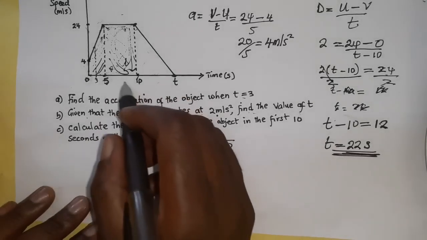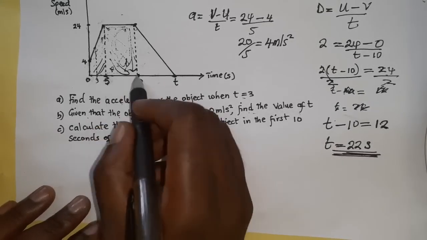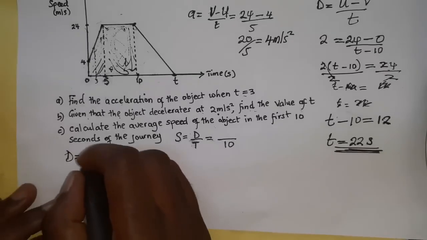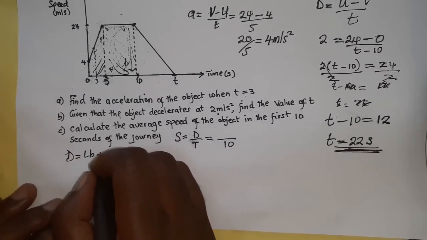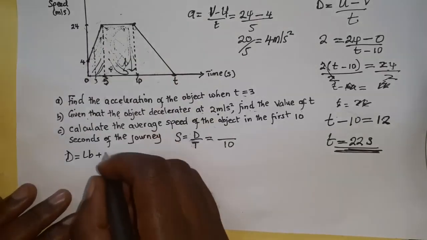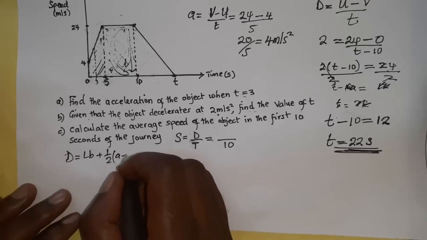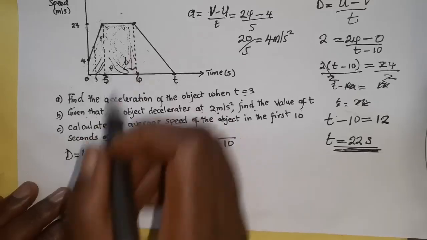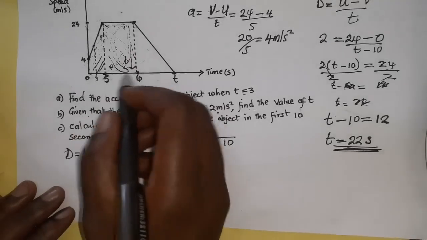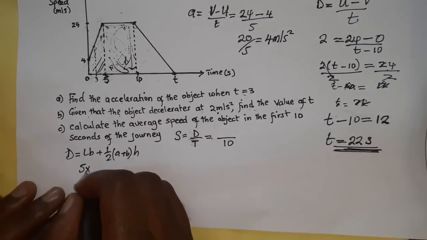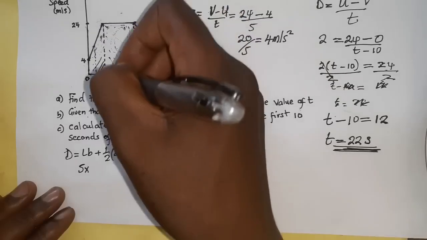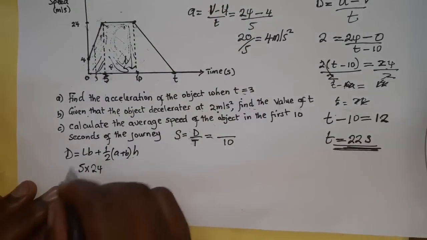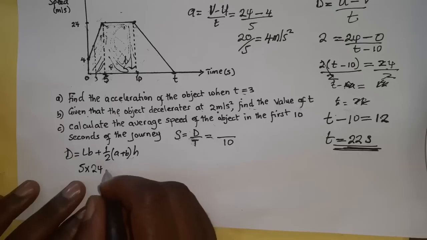This is very simple. What is this? This is 5. So the distance is equal to length multiplied by width. This is like a trapezium, which is 1 over 2, A plus B, then H. For the bigger one, we have 5 multiplied by the longer side, from here, it's 24.